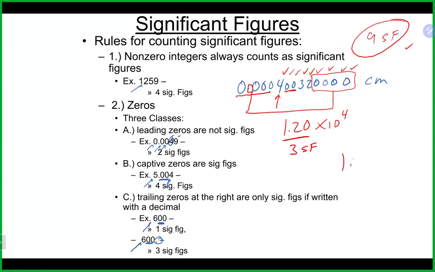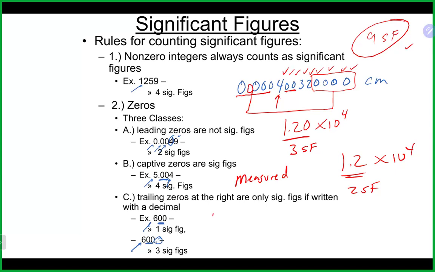If I wrote 1.2 times 10 to the 4, we'd have 2 significant figures. So if it is written in scientific notation, all the numbers that come before the times 10 part are always significant, before you change it back into decimal form. It's exactly how it's written in scientific notation. We typically use significant figures for measured numbers.